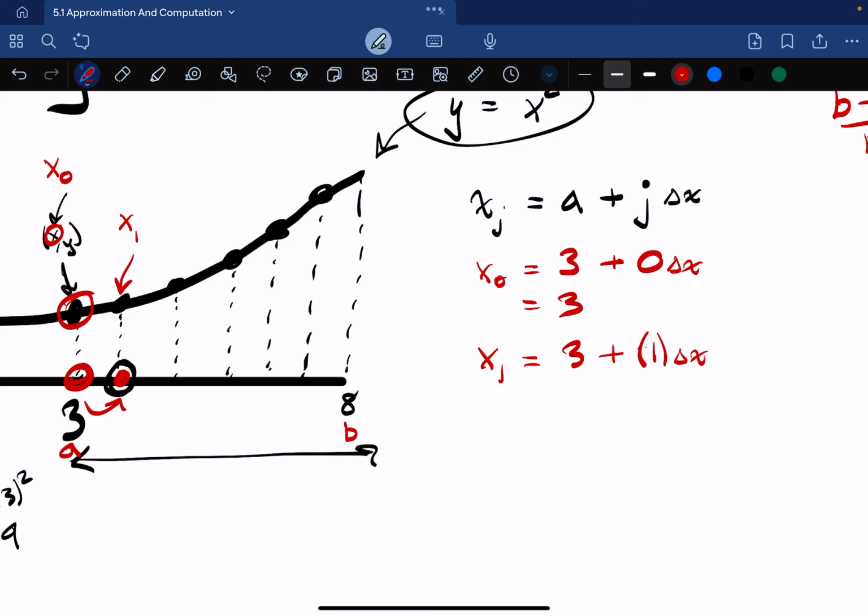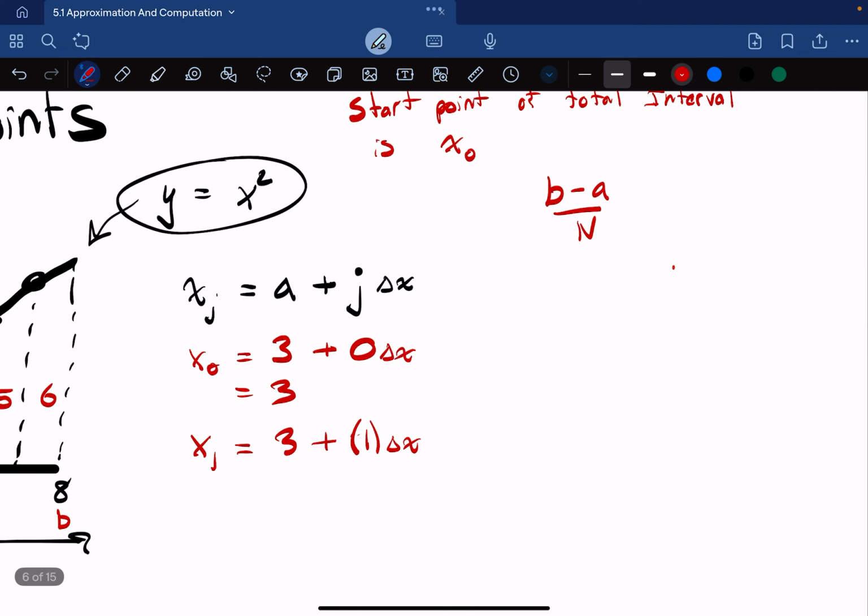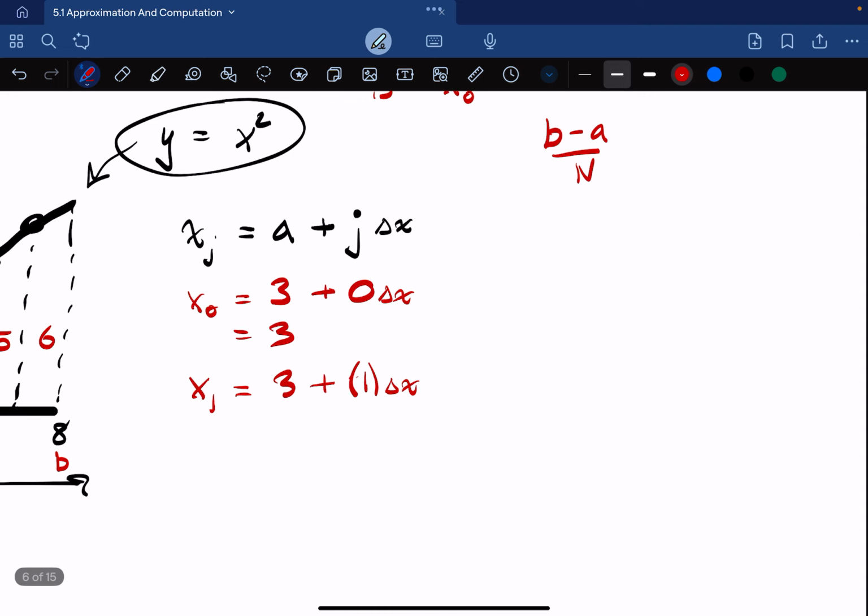So let's count out how many subintervals there are. 1, 2, 3, 4, 5, 6. So we know that n is equal to 6. I can just write this out now: 8 minus 3 over 6, so you end up with a delta x of 5 over 6.